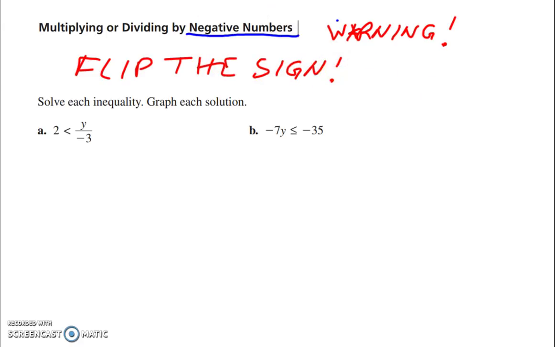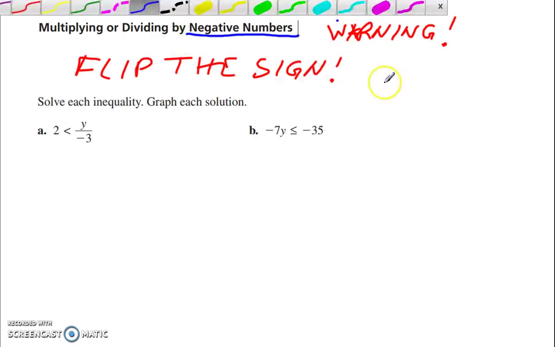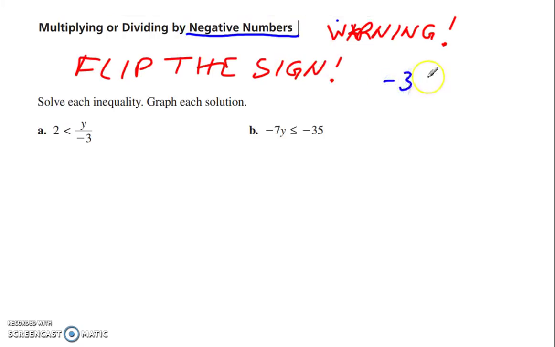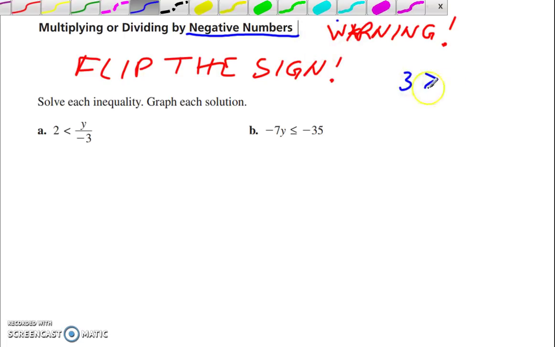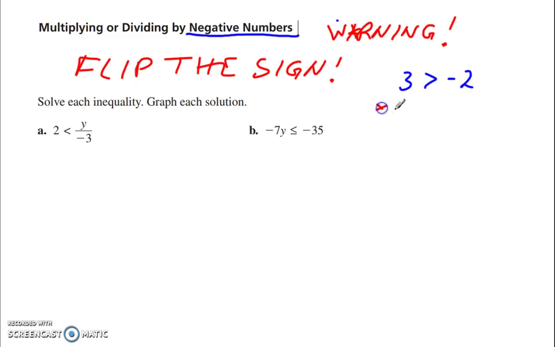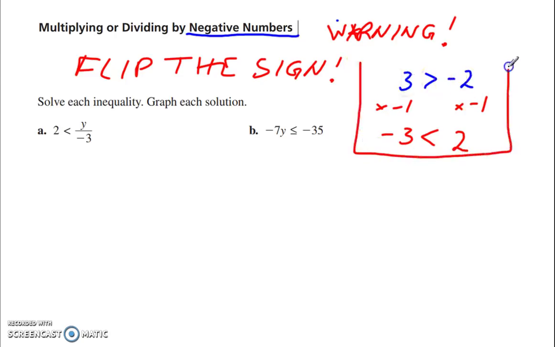The reason being, here's an example: 3 is greater than -2. If I multiply each of these sides by -1, that gives me -3, and over here that gives me +2. Which one is greater? +2 is greater, so I'd have to flip the sign. If you're multiplying or dividing by a negative, flip the sign.